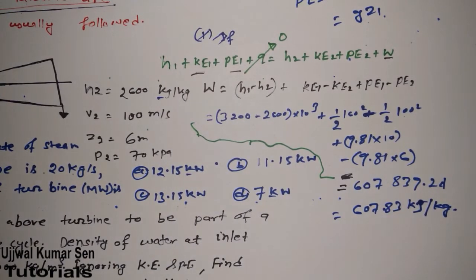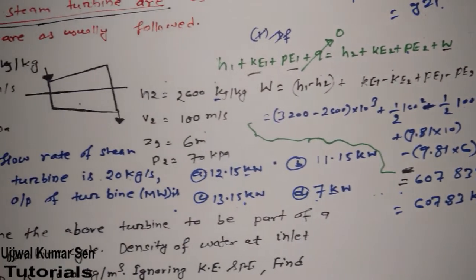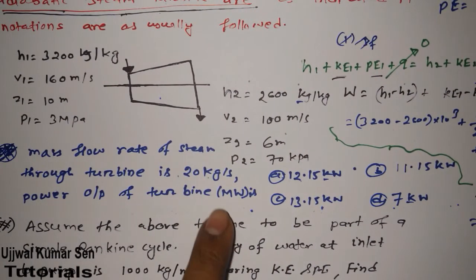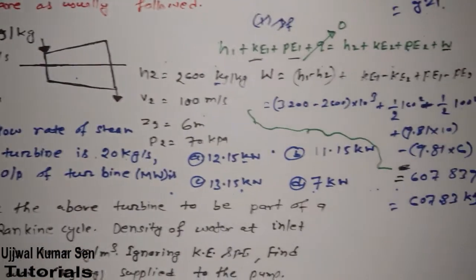Now look at the options given in the question, which are in kilowatt. So we have to multiply with the mass flow rate. That's the twist they put in this question, so that you will make a mistake here.